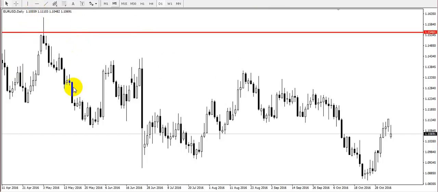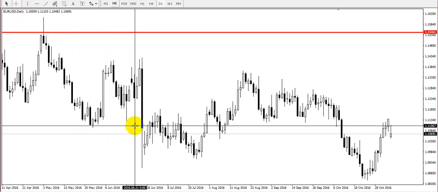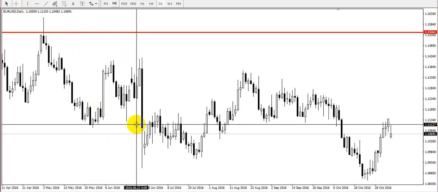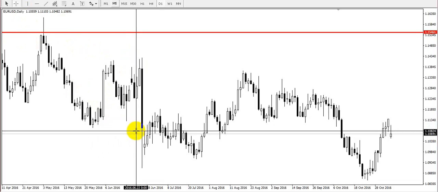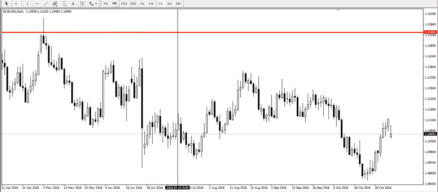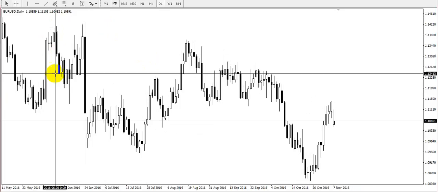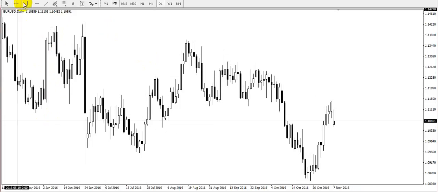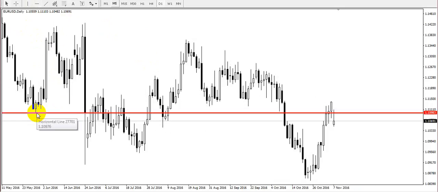Price bounced down here and came back up here. So let's see. We'll pick it out. We'll check it, and then we mark. Pick out lines, and then we mark out the zone.